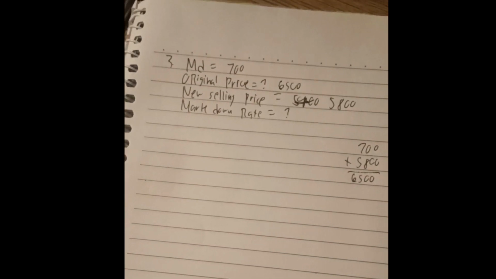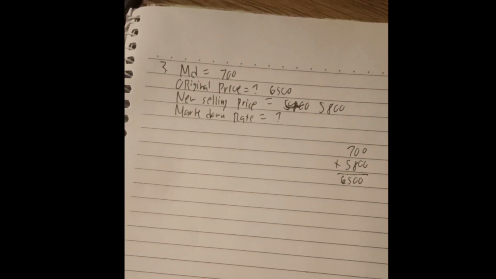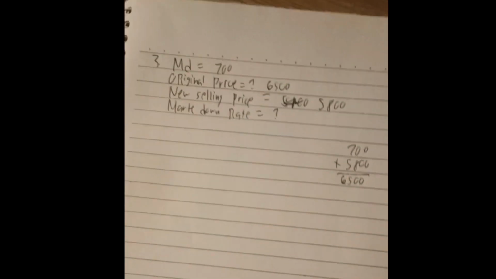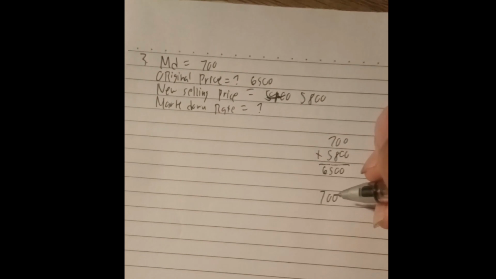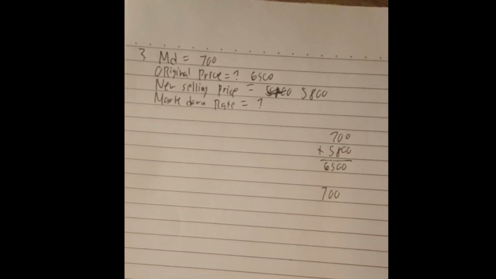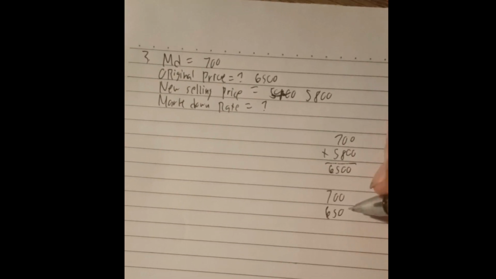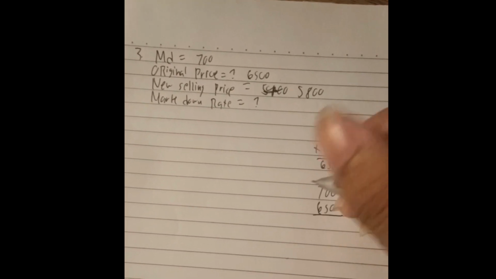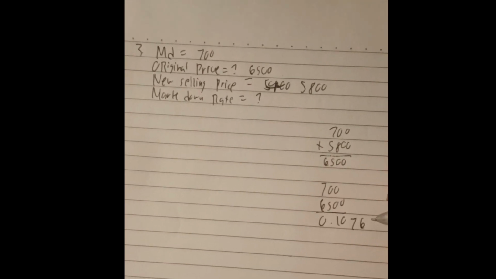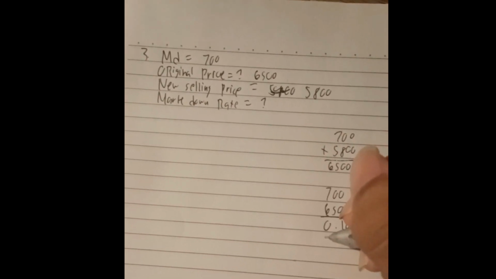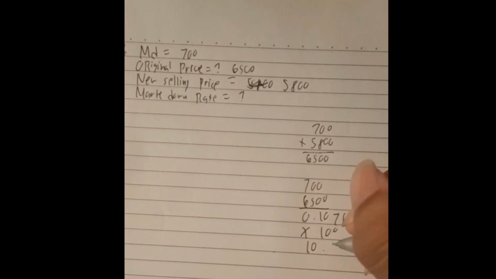Now since we have original price and the markdown, we're gonna solve for the markdown rate now. To do that, we're gonna divide the markdown by the original price, and we're gonna get 0.10769 times 100, and after that we're gonna get 10.76923.